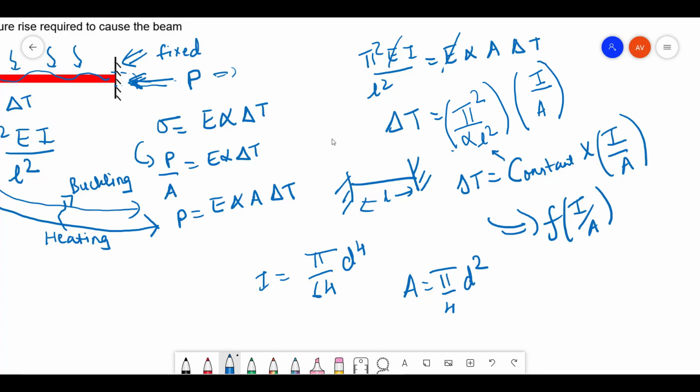So delta T is a function of the ratio of pi by 64 d raised to 4 by pi by 4 d square.